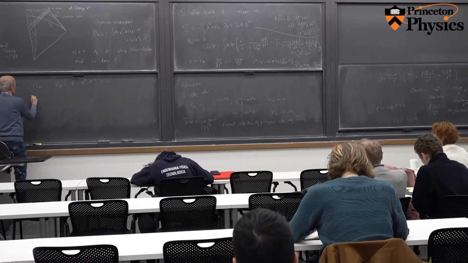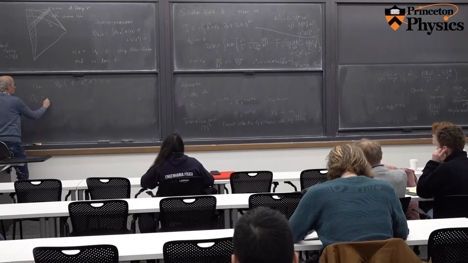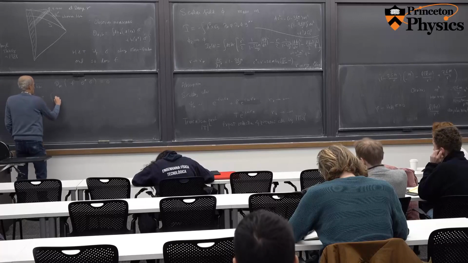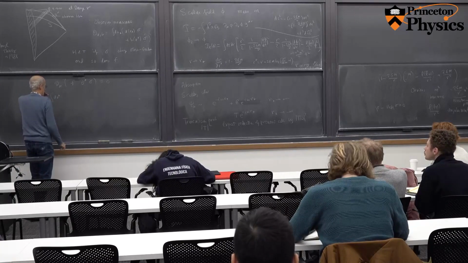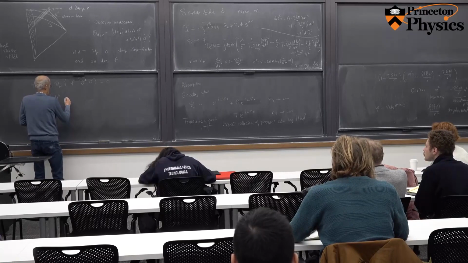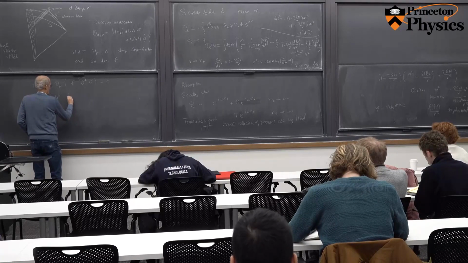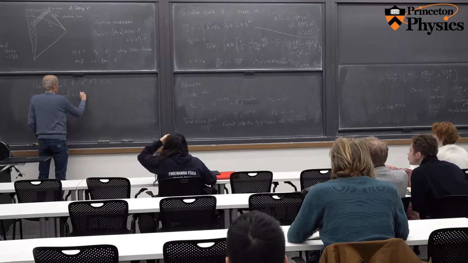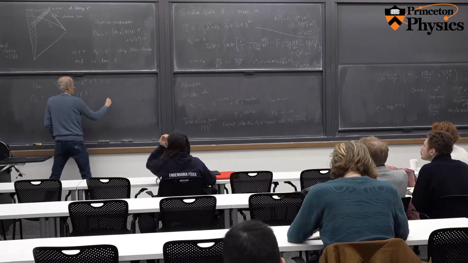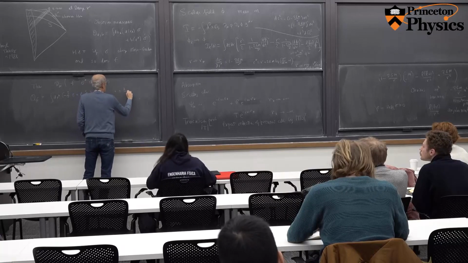So there's a conserved charge, which is an operator O sub f, where dot means d by dt.